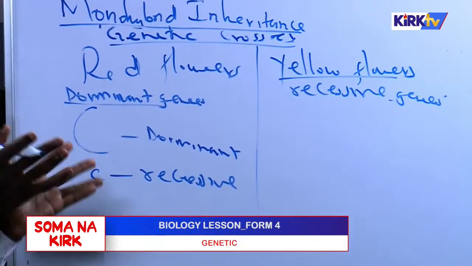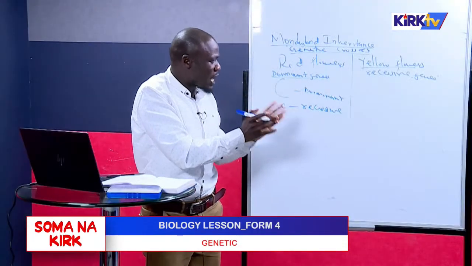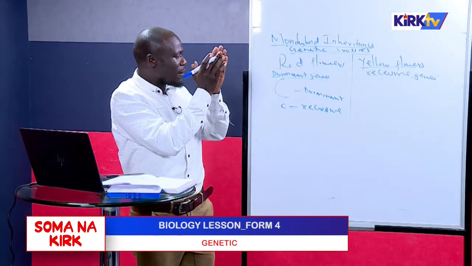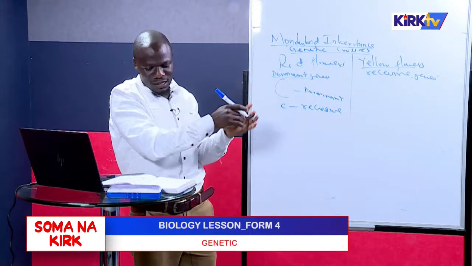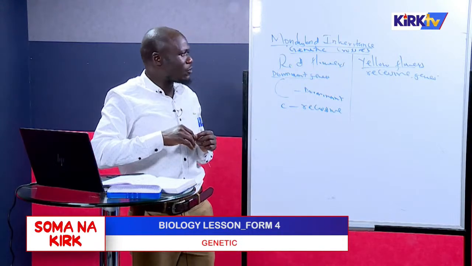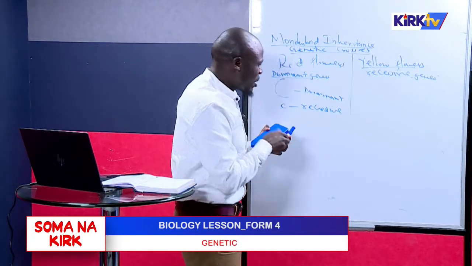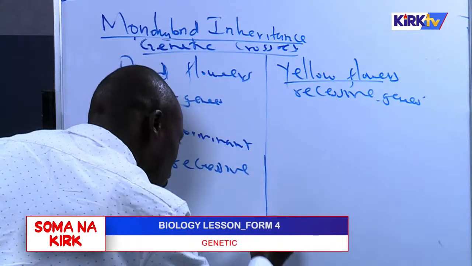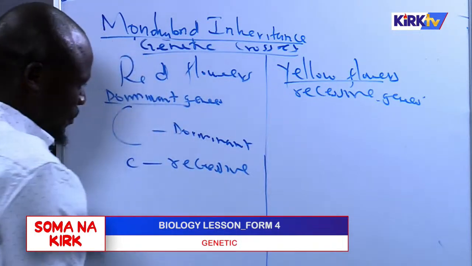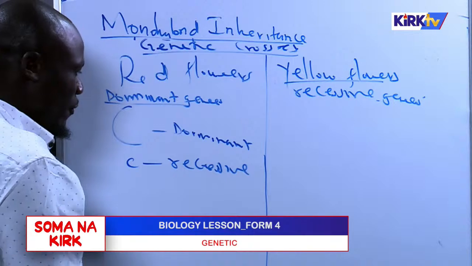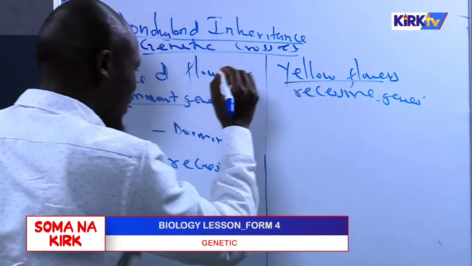So let's pick it from here. How do we go about it? Now we've known the one that is dominant and the one that is recessive. So let us now go directly to the genetic crosses. So I will start by this.